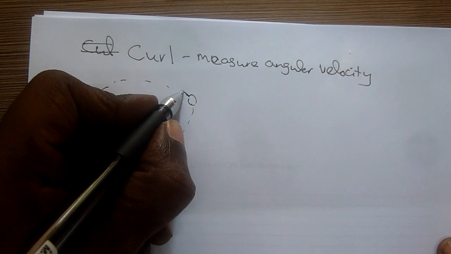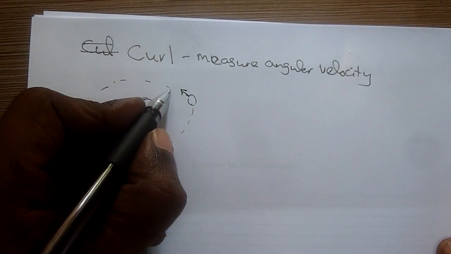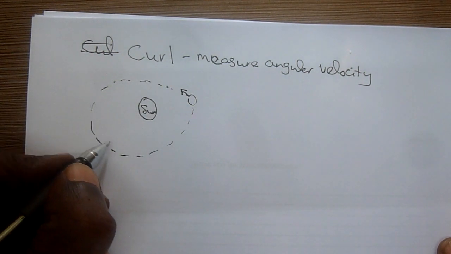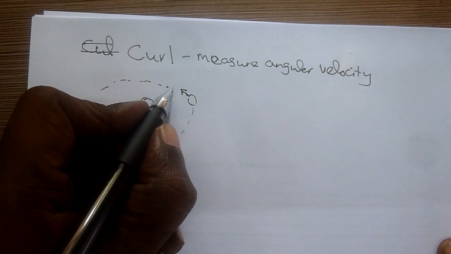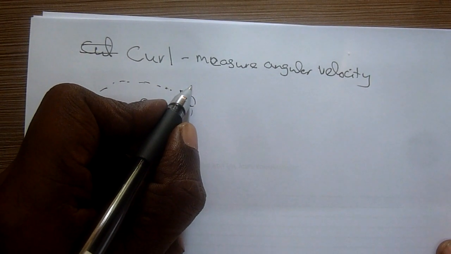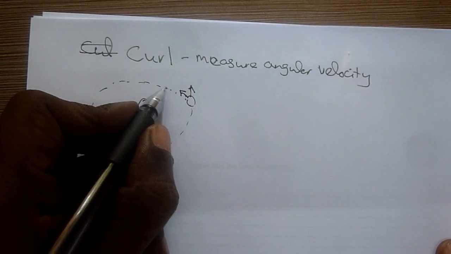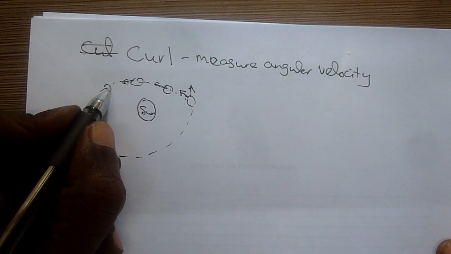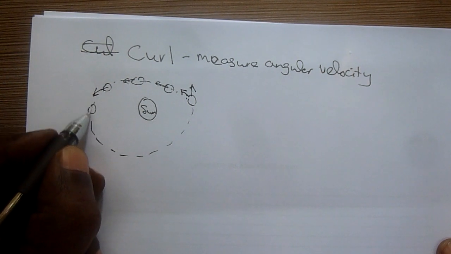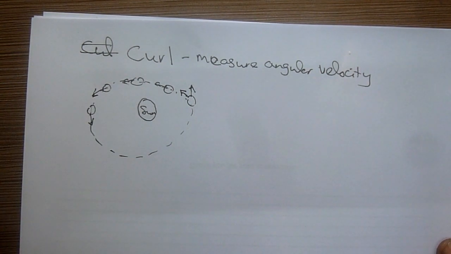When the Earth is moving around the Sun, there is what we call angular velocity. Actually, the Earth is not moving in a straight direction; in every step it is moving angularly, so it has angular velocity.